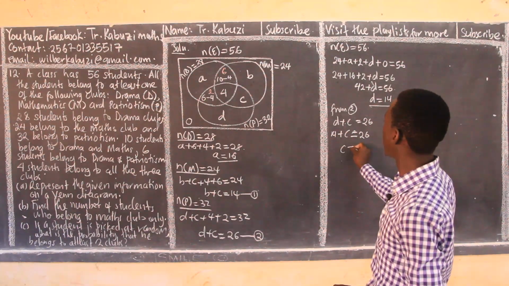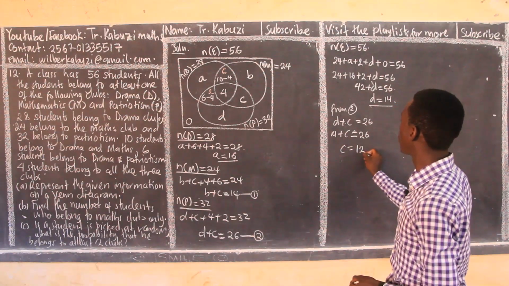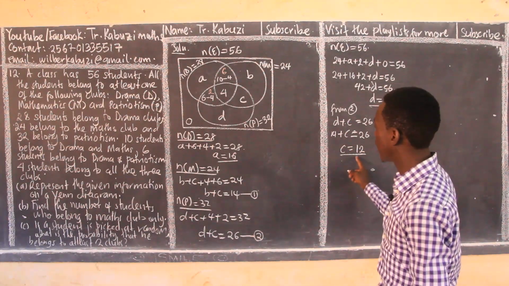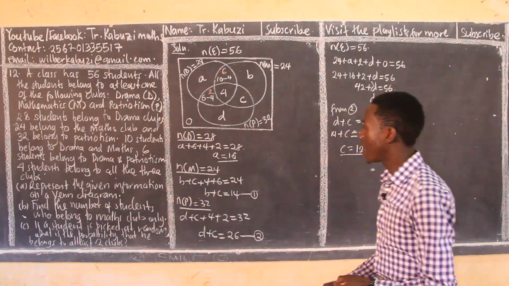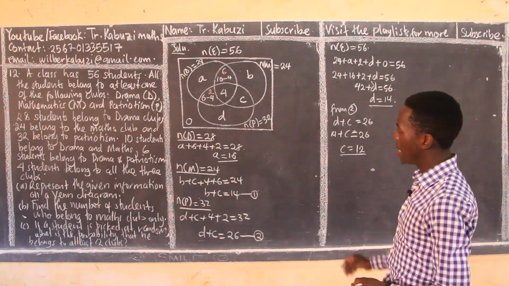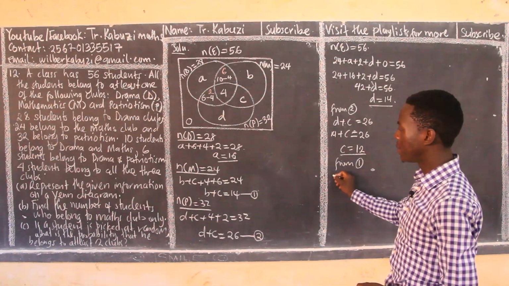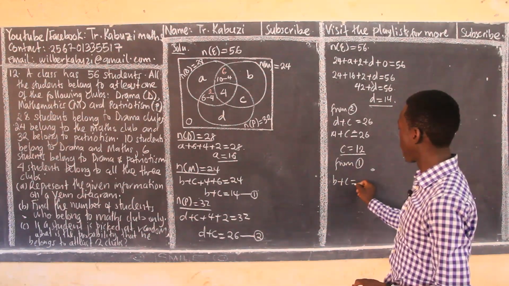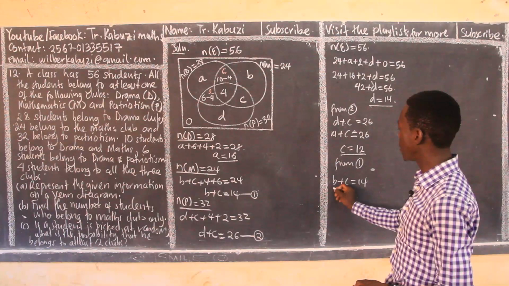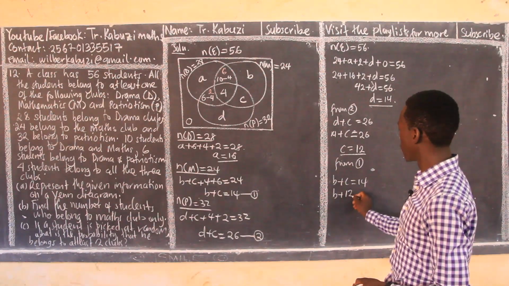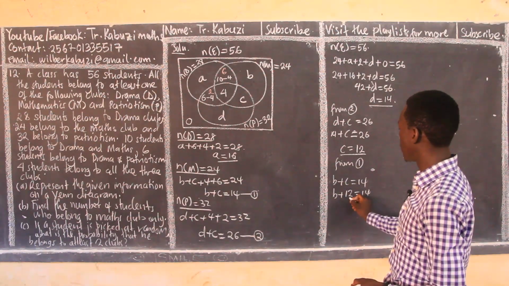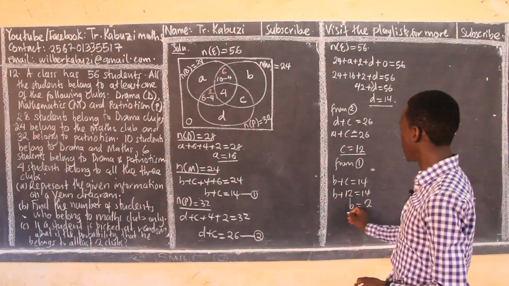So that my C here is going to be 12. Now, after getting C, I can come here and I get my B. So from 1, I see my B, but I have my C. So I mean that my B is going to be 2.